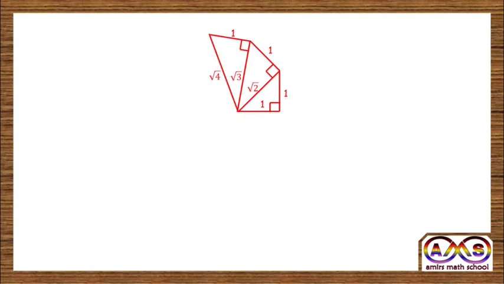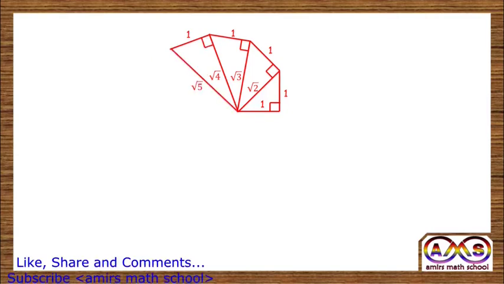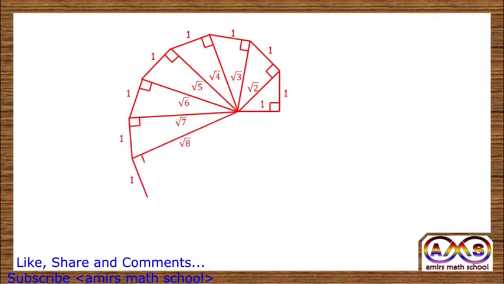In this way, if we consider another side that is 1, then the new hypotenuse will be square root of 5. In this way, we can easily get the square root of any positive integer as a hypotenuse of a right angle triangle.